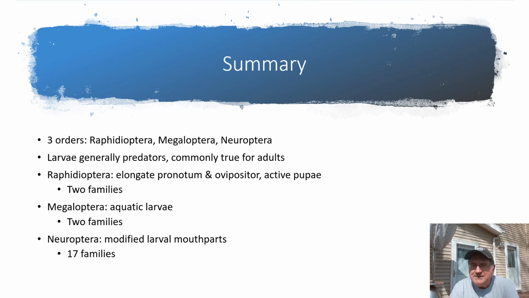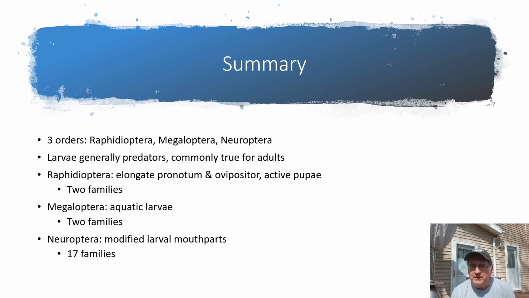Anyway, to summarize what I've covered here in terms of the Neuropterida, again, generally 3 orders are recognized these days: the Raphidioptera, Megaloptera, and Neuroptera, in the strict sense. I say in the strict sense because you don't have to go very far back in time to find all of these things collectively referred to as Neuroptera in the literature.